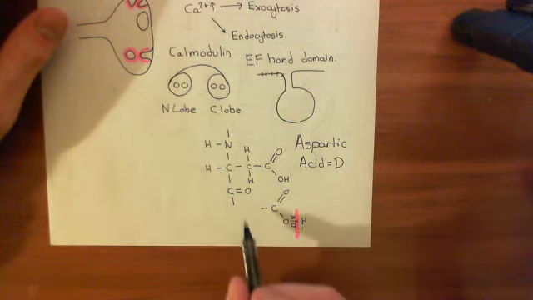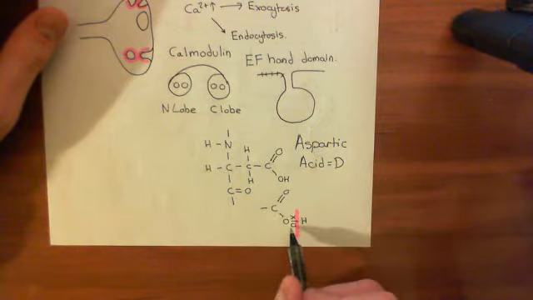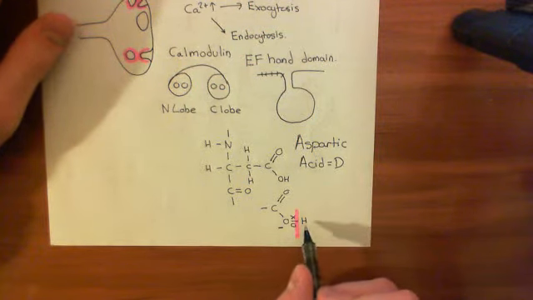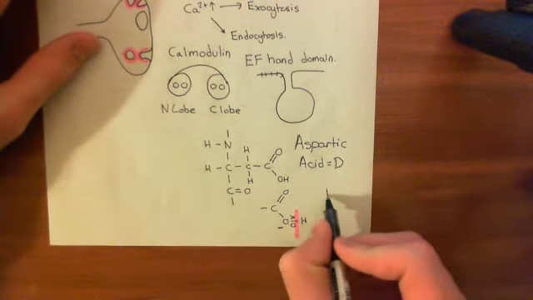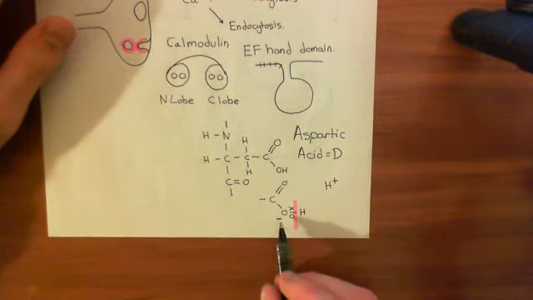Okay, now what do you get left over? Well, you get this carboxylic acid group now with an oxygen that has a negative charge on it because it's gained this electron from the hydrogen. The hydrogen nucleus, the proton, goes off with a positive charge, and the oxygen is left with a negative charge.